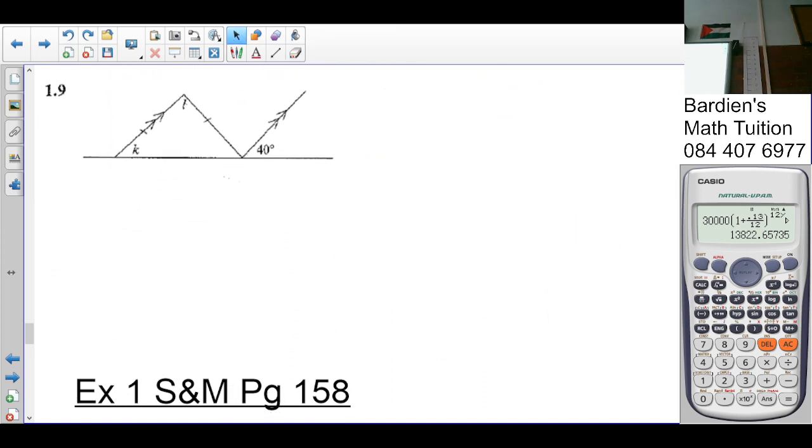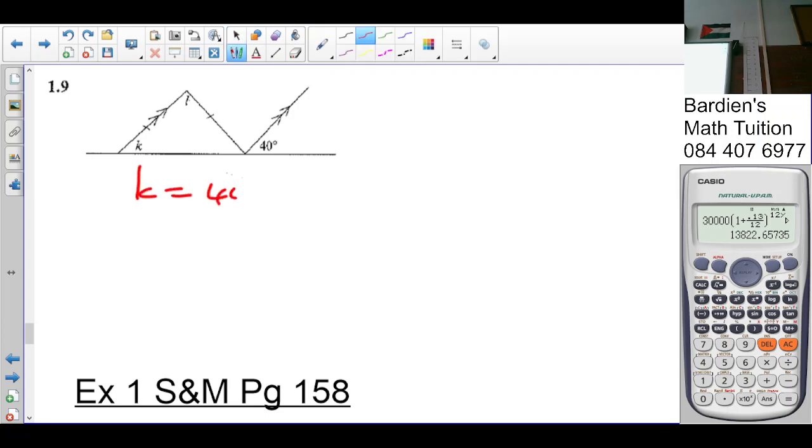Okay, 1.9. How do you calculate K? K is equal to 40, yes? Why?